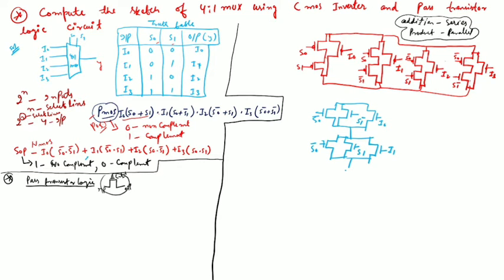Now the third one: this S0 and S1 complement are both in parallel to each other, meaning a dot in between. Here S1 complement and S0 are connected to each other, and the next one, I2, is parallelly connected with this, and this will connect to this.